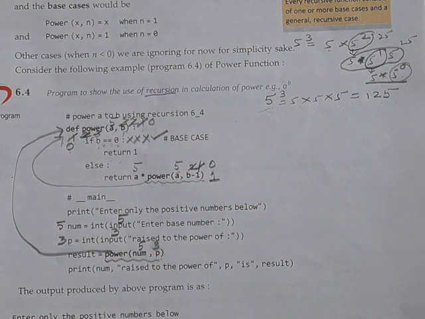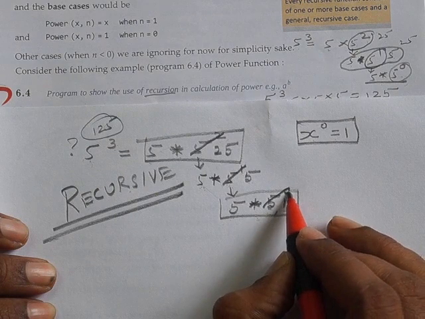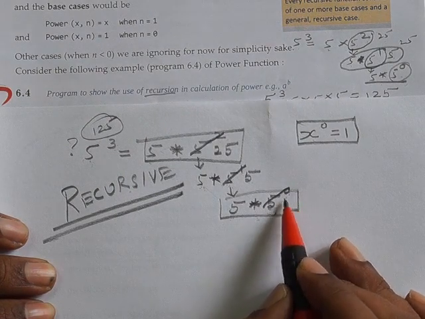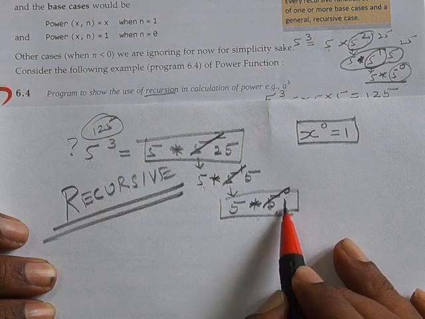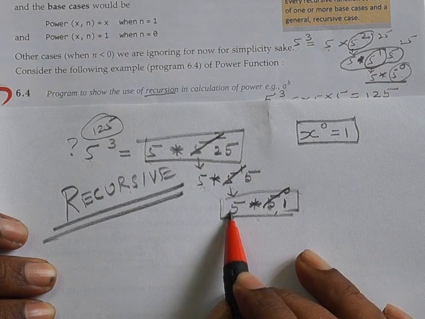Okay. Then once again it will re-execute. So how will it execute? I will tell you here. Once we find out the value of 5 power 0, this value will become 1. Then 1 into 5 will be calculated. 1 5s are 5.